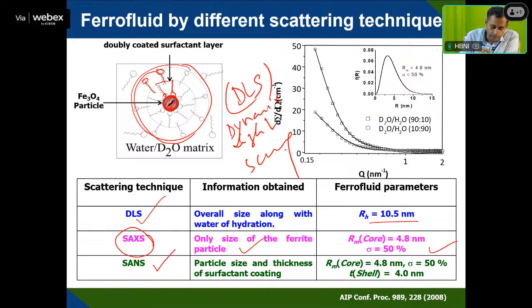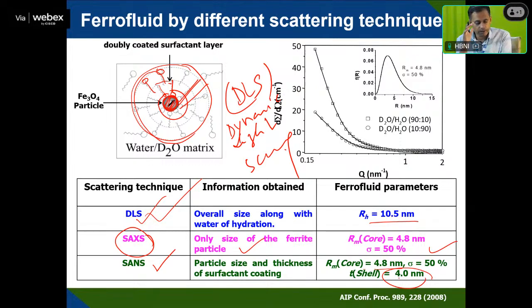So you'll be able to see the core as well as the shell structure: your core is 4.8 nanometer, the shell is 4 nanometer, and when these two techniques are added up, it matches almost the size obtained by the DLS study.